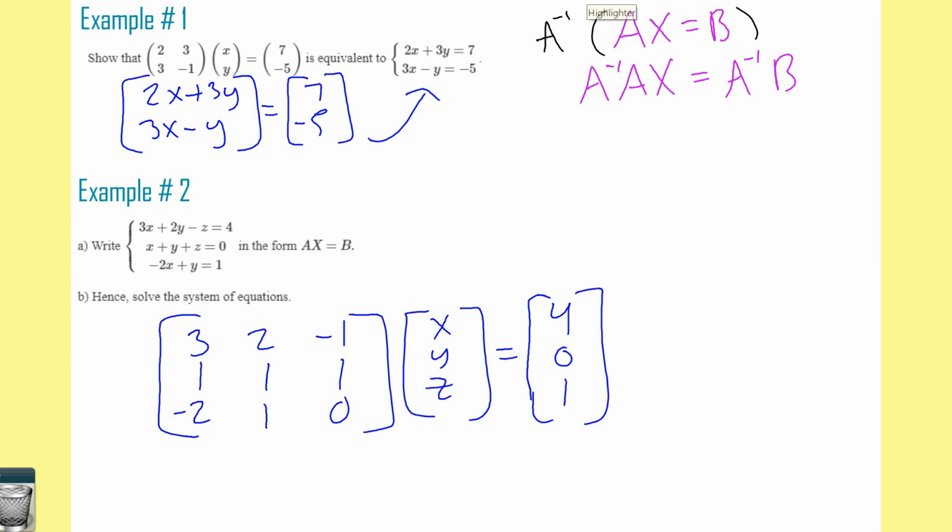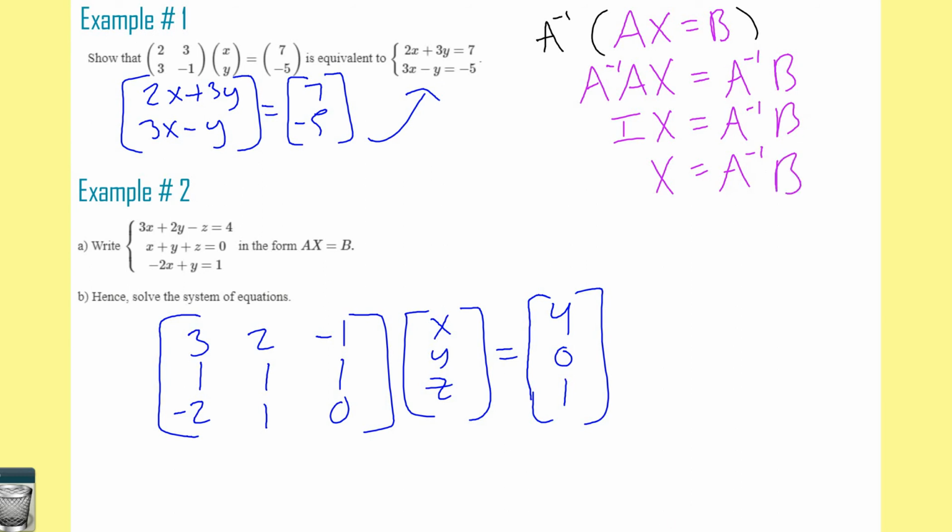Order matters when you're multiplying matrices. And when you multiply the inverse times the matrix, you just get the identity matrix. Anything times the identity matrix is just itself. So X by itself is just the inverse of A times B.